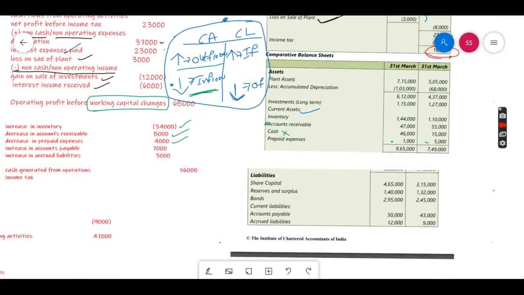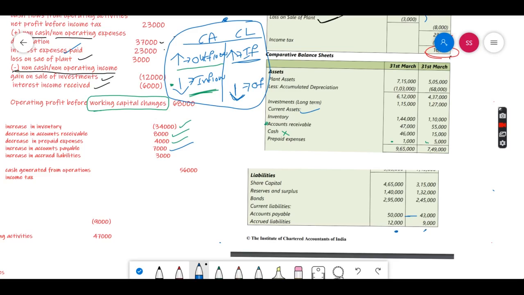Accounts payable was 43,000. Now it is 50,000. That means there is an increase in accounts payable, an increase in current liabilities, so that is an inflow. And then it was 9,000, now it's 12,000.